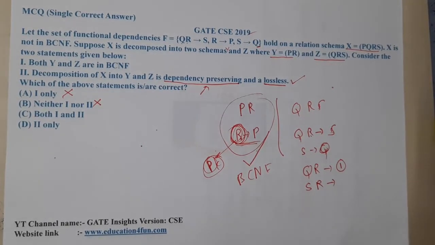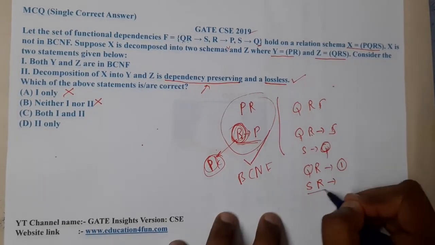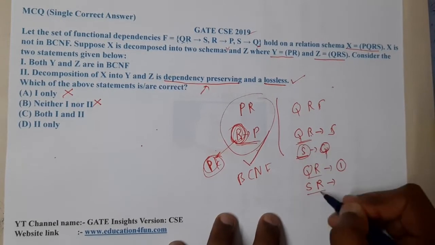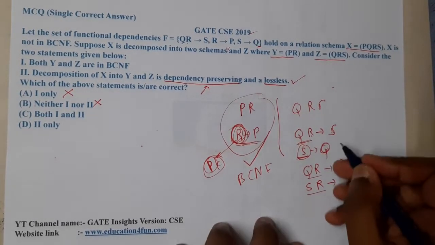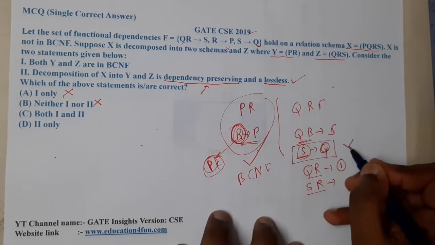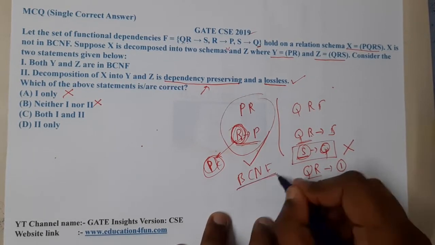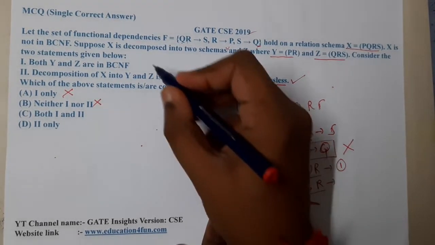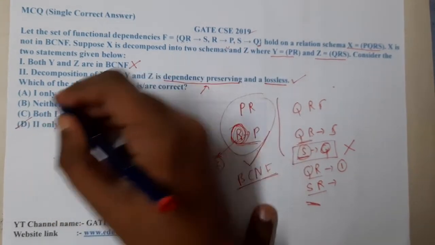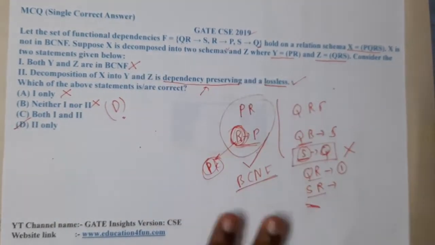But here, S is not a primary key, so with that simple understanding we can conclude that this is not in BCNF. The first one is in BCNF, but the second one is not. Hence statement 1 is wrong, so option D will be the correct answer. Only the second statement is correct.